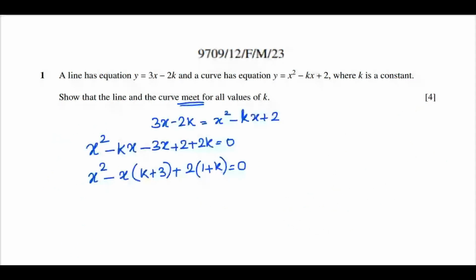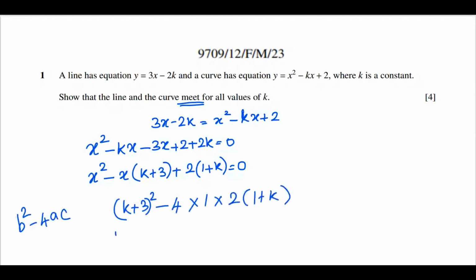So in order to prove that the line and the curve meet, let us find out b square minus 4ac from this quadratic expression. b square is k plus 3 the whole square minus 4 multiplied by a is 1 and c is 2 multiplied by 1 plus k.